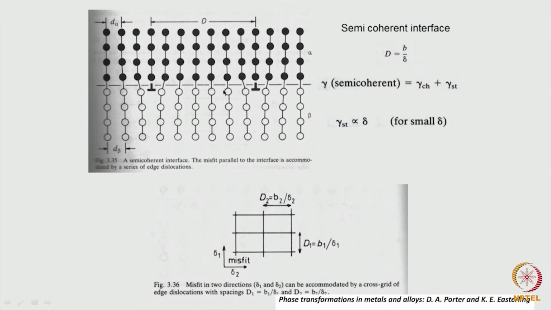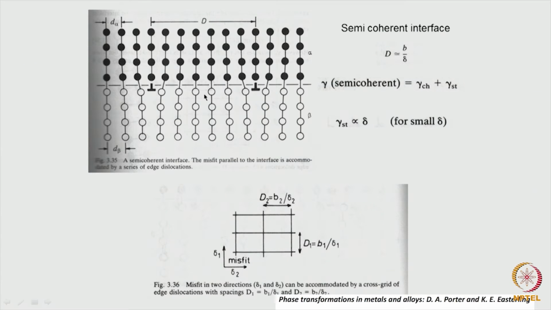And if we know what the misfit strain is going to be, then we can find out what b by d will give, that is, what should be the spacing between the dislocations which are going to come at the interface. That also we can calculate.